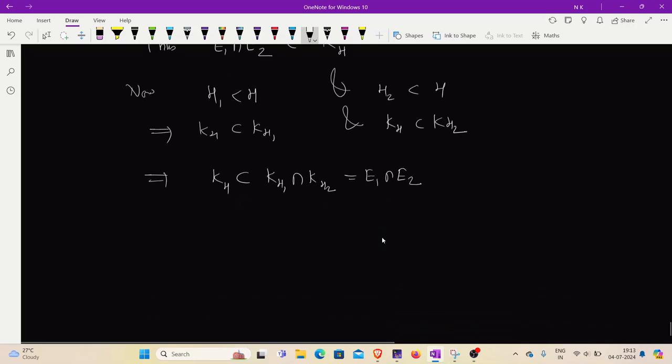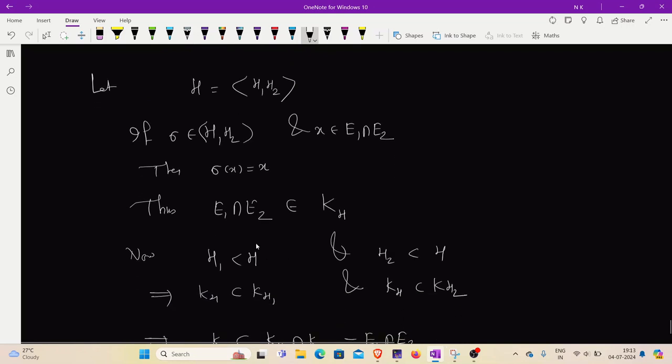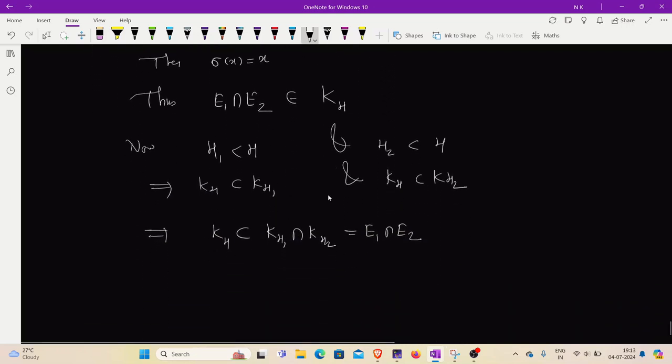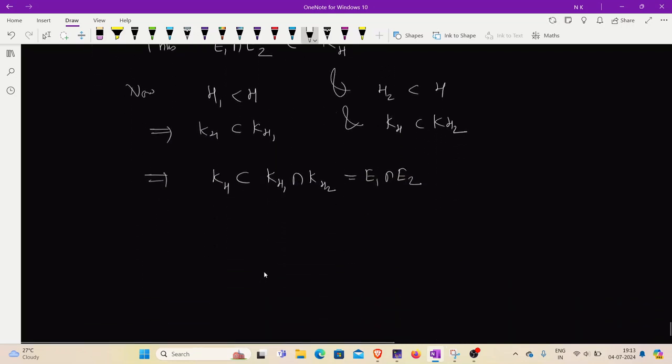So that means we have established both ways that E1 intersection E2 is contained in the fixed field of H, and the fixed field of H is contained in E1 intersection E2. So the fixed field of H is exactly equal to E1 intersection E2. That is, the fixed field of the subgroup generated by H1 and H2 is equal to E1 intersection E2.